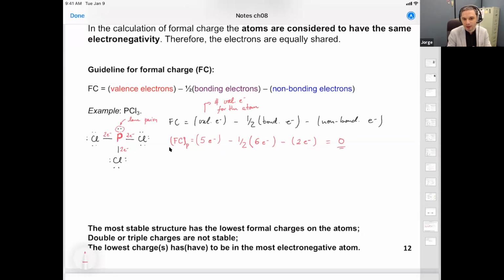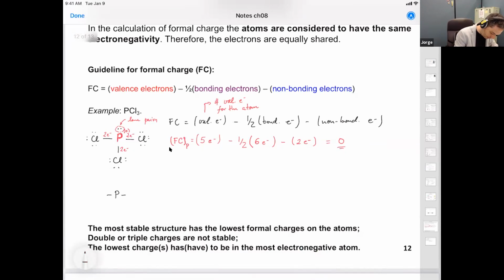So far, this compound is stable. Now we have to figure out the formal charge for chlorine. Once you get the formal charge, the way to represent it is a number on the top right corner between parentheses. So let's clean up this structure a little bit.